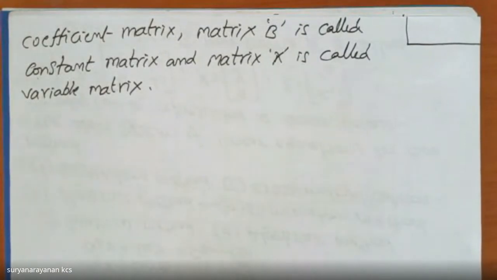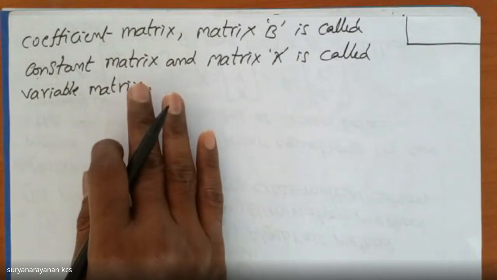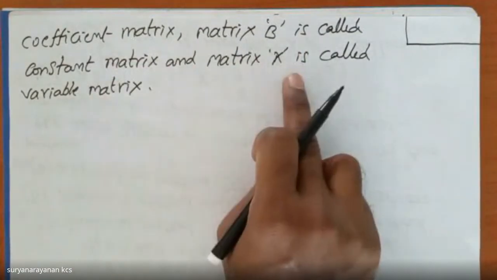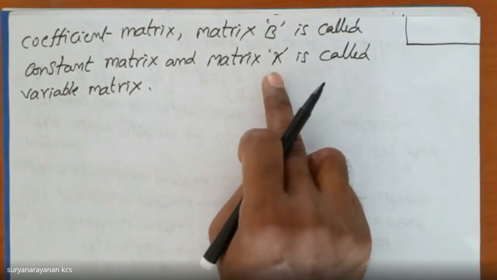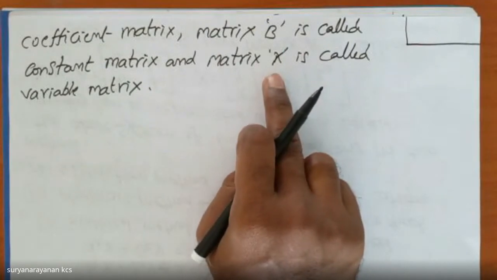Okay, my children, we have to remember these terminology. Matrix A is called coefficient matrix, matrix B is called constant matrix, and capital letter X, that matrix X, is called variable matrix.